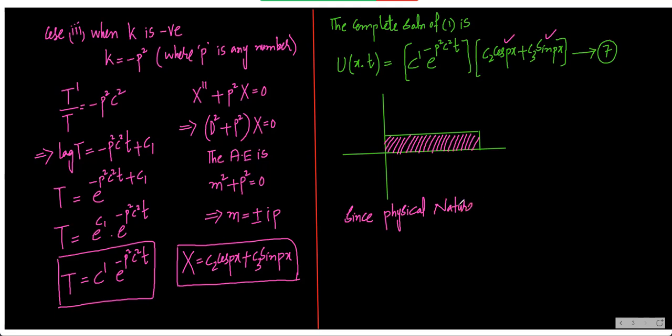Physical nature of any heat flow equation is shown by the seventh equation.